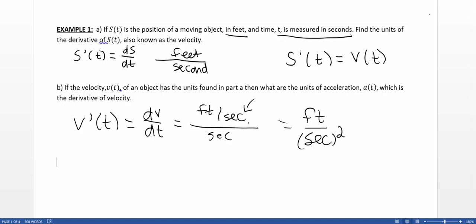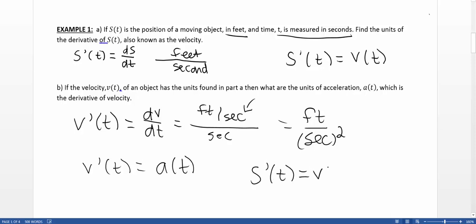Now, just to be really clear about the relationship we have here, we said the derivative of velocity is acceleration. Now, just to give us a glimpse into the future, I want you to notice that when we took the derivative of position, we got velocity, and the derivative of velocity was acceleration, which means that the second derivative of position is acceleration.